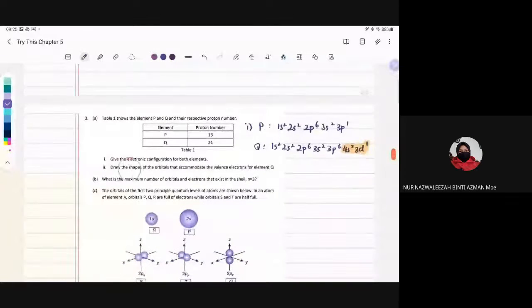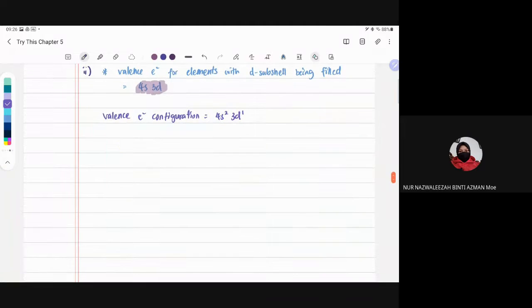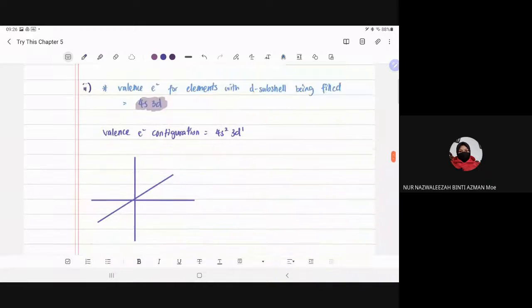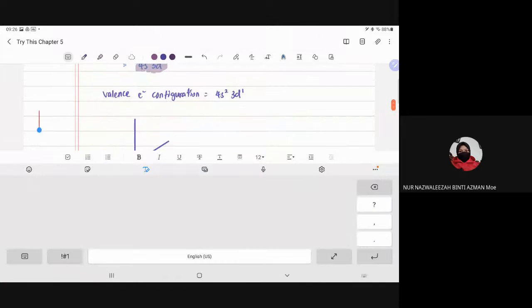Jadi soalan minta draw the shape of orbitals that accommodate electrons, valence electrons untuk elemen Q. Jadi kita nak lukis orbital yang ini. So kita kena lukis 2 orbital sahaja. Okay, so kita kena lukis 2 sahaja.